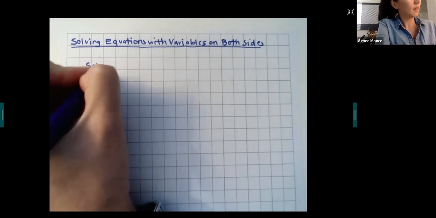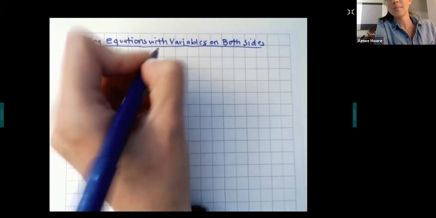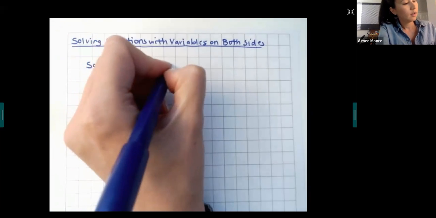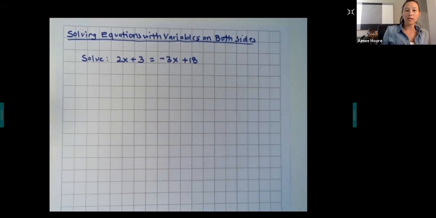Okay, so we'll see something like this. Solve 2x plus 3 equals negative 3x plus 18.